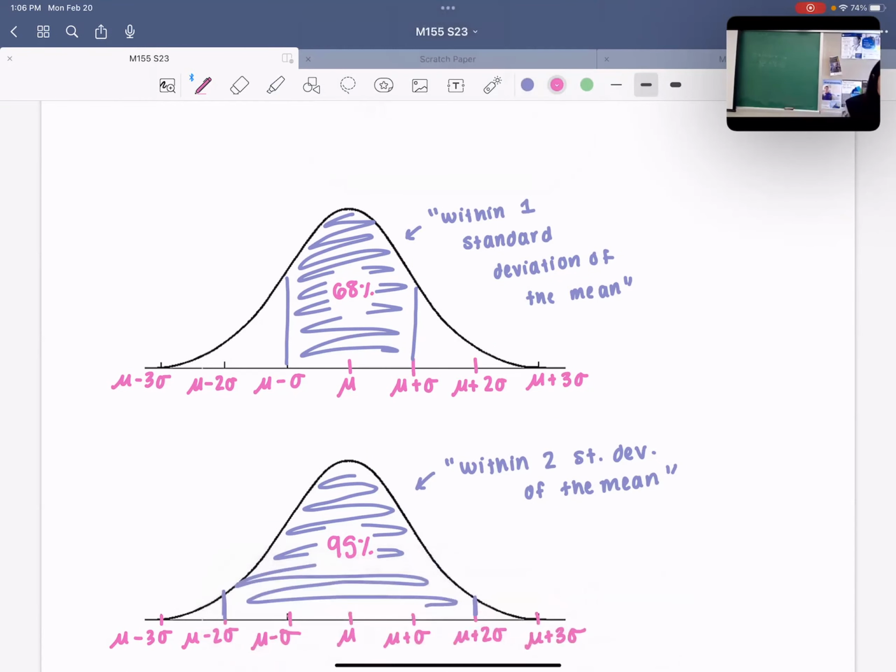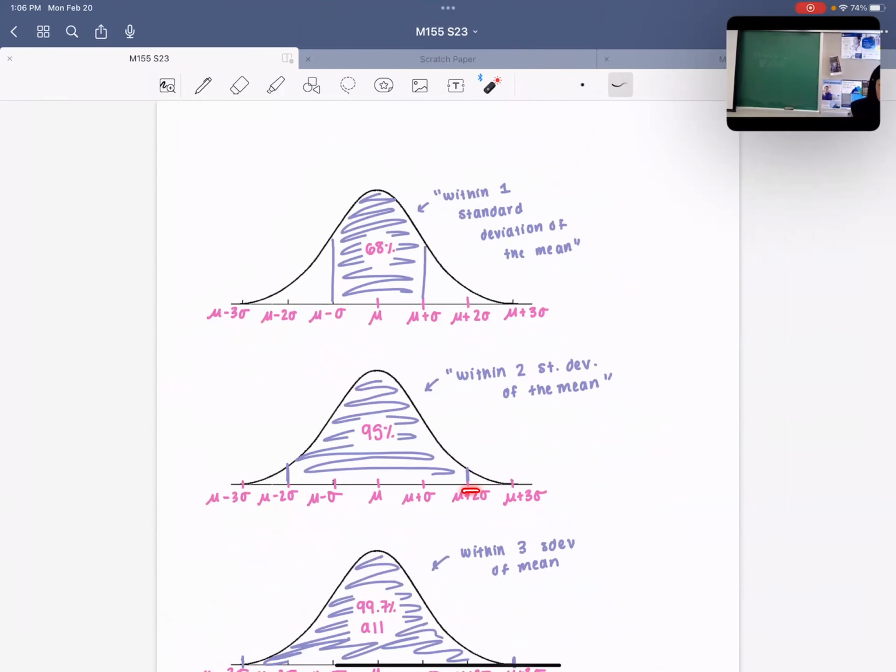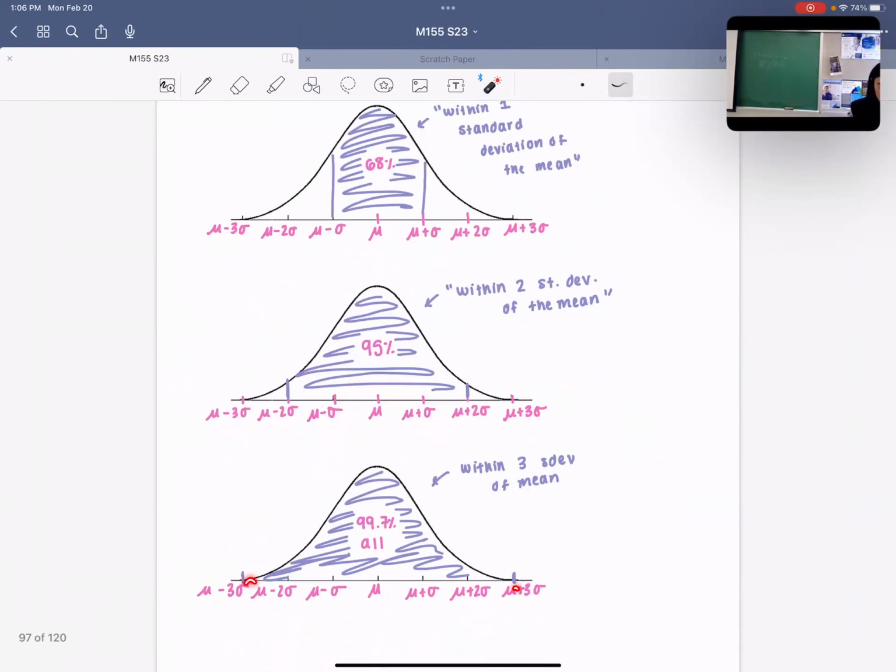So for example, within 1 standard deviation of the mean would be taking the mean, adding 1, subtracting 1 standard deviation above and below the mean, and we would get, well, this shaded area here, okay? We could also add 2 or 3 standard deviations away from the mean, and we would just be further and further away from the mean, okay?